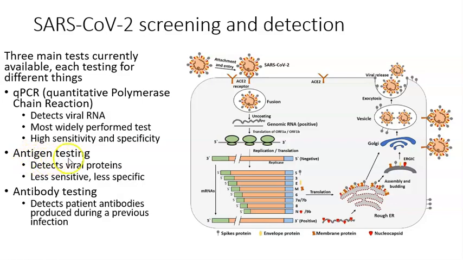We also have antigen detection, and antigen detection is detection of one or more of these viral proteins. So we can detect specific viral proteins using antibodies, and antibodies, you'll maybe have come across them as part of the immune system. They are proteins that we produce that recognize pathogens, but we also use them in detection systems to detect specific proteins.